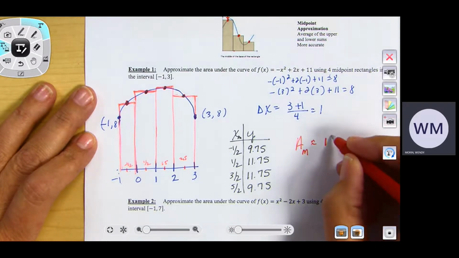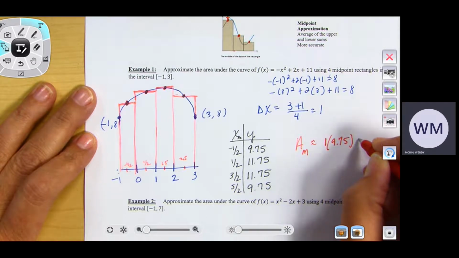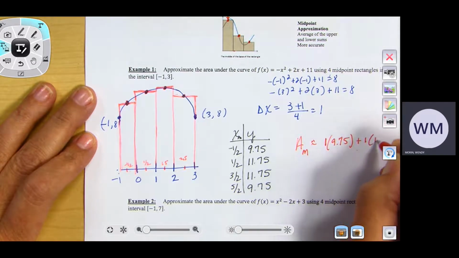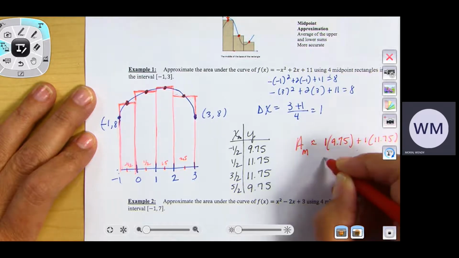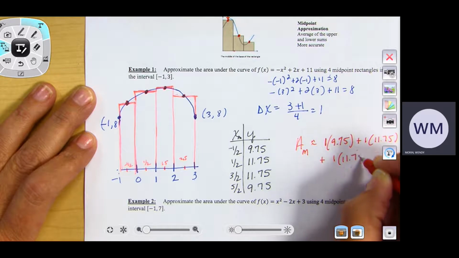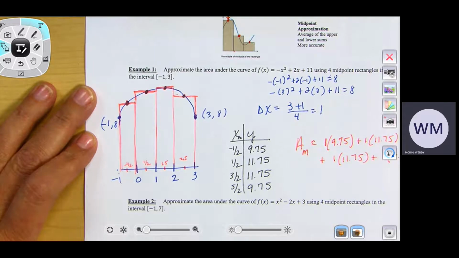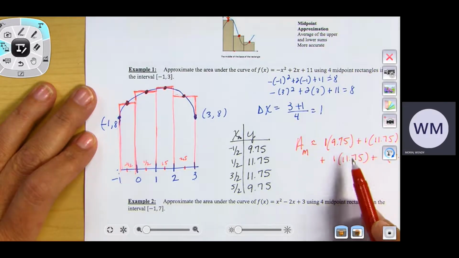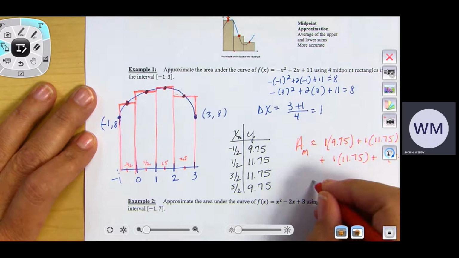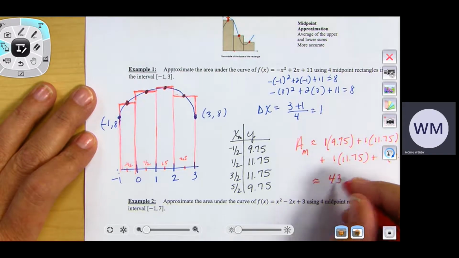Or you could just do 2 of these and 2 of these. On a calculator, that's going to total approximately 43.